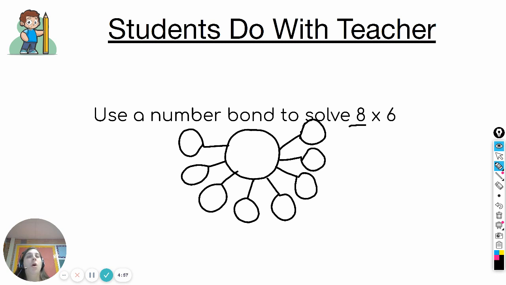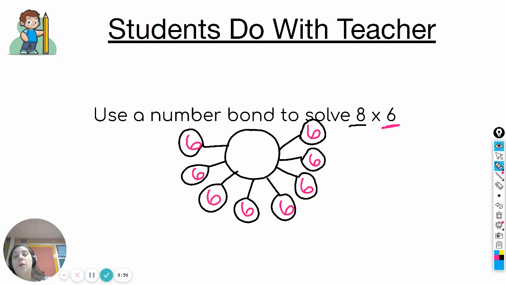Once you have your 8 legs, each of those 8 groups is going to have 6 in it. So now you need to put a 6 in each group. Now the last thing we need to do to solve is to skip count by 6s.